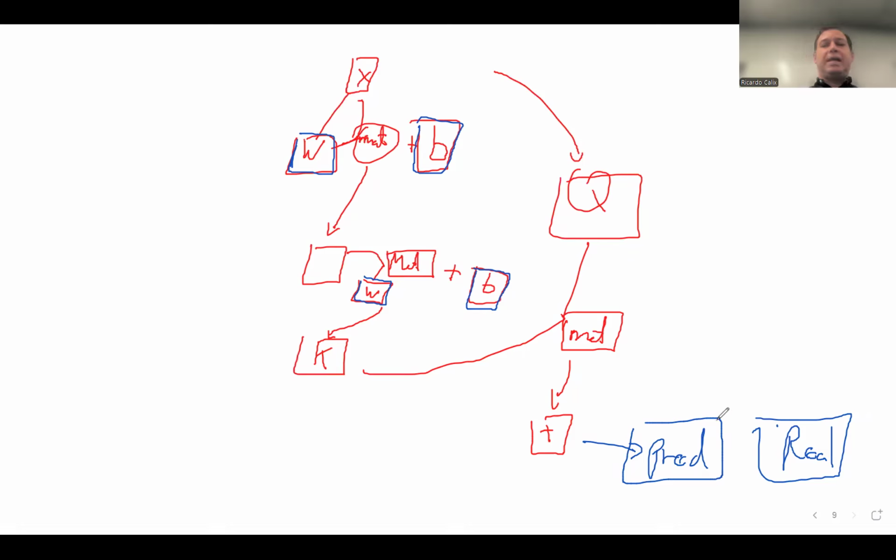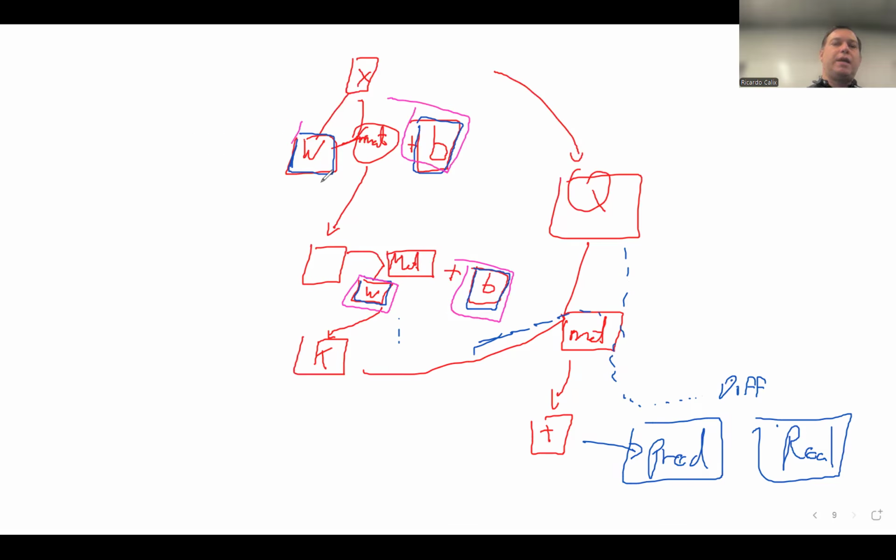What does it do with that? It calculates a difference between them. And that information is then used to backpropagate through the whole network, with the goal of modifying or updating these parameters.